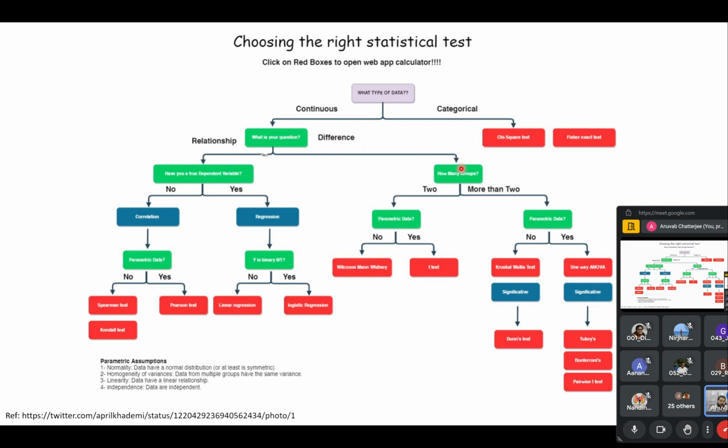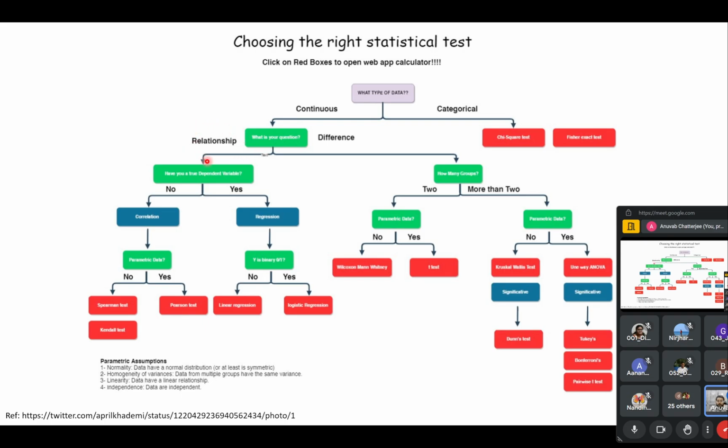So I go down this branch, how many groups were there, 2 or more than 2. If it is 2, if it's parametric data, you do a t-test, which is the most famous kind of test everyone does everywhere. If it is more than 2, if it is parametric data, you use something called ANOVA, which is also very famous.